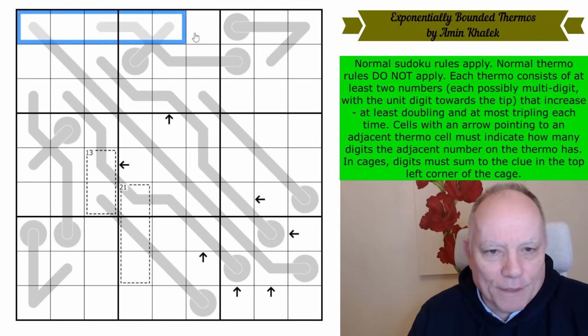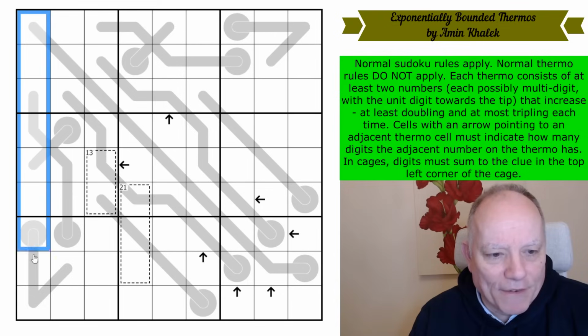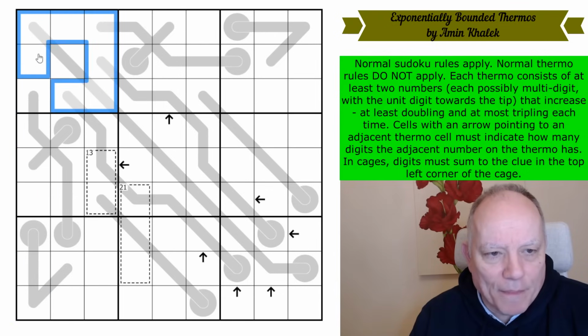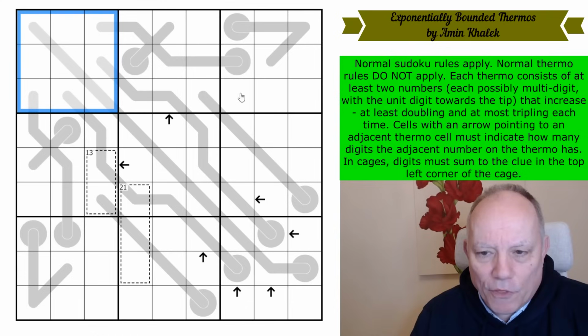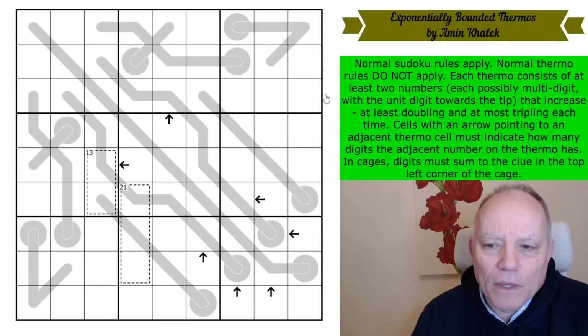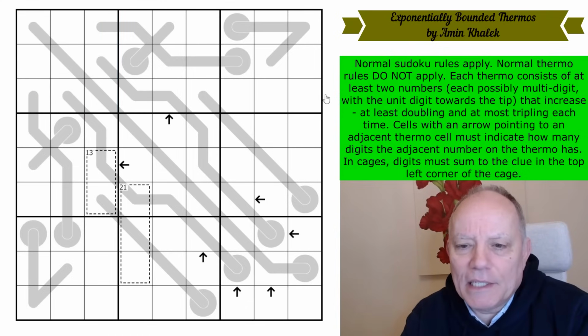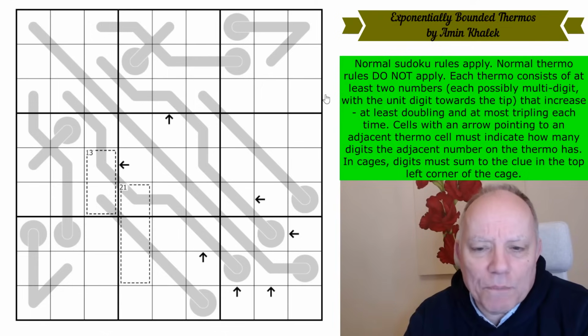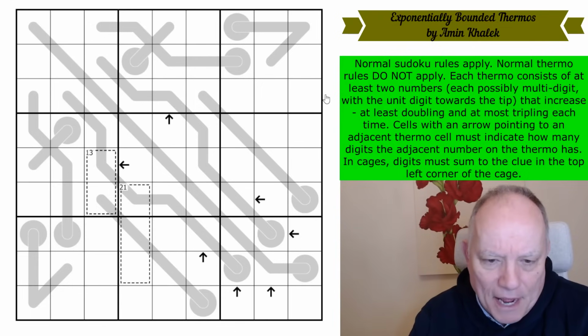Normal Sudoku rules apply. Hurrah. That's 1 to 9 in every row, every column, and every 3 by 3 box. Now, these are not normal thermos. Each thermo consists of at least 2 numbers, each possibly a multi-digit number, with the unit digit towards the tip.